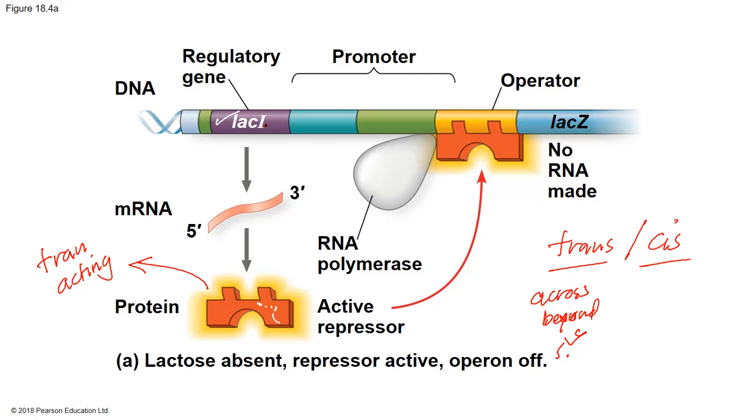So this is a trans-acting element because it can produce a diffusible protein. Diffusible means it can move, can diffuse into another location and regulate the expression of another DNA sequence. Okay?